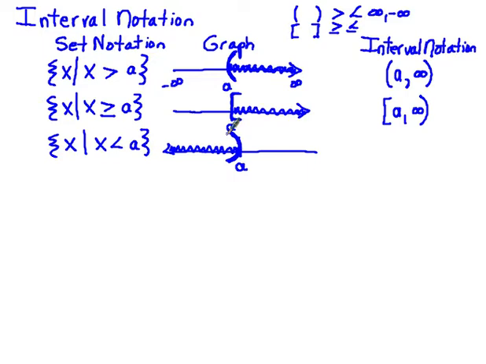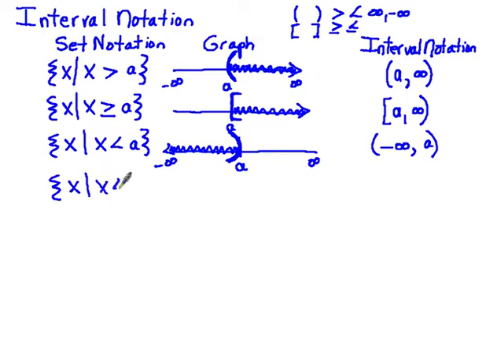Now, reading from the graph, negative infinity on the left, infinity on the right. So if I start this graph, it comes from negative infinity and it goes to A. Parentheses on the infinity and parentheses on the A. Alright?